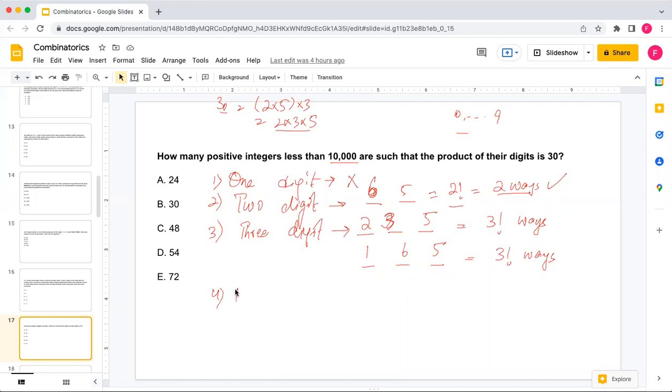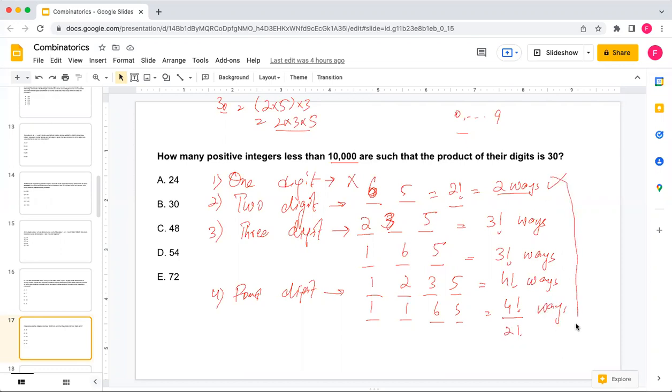Now let's see the 4-digit numbers. How many 4-digit integers? That could be 1, 2, 3, and 5, or 1, 1, 6, and 5. The first can be arranged in 4 factorial ways. The second can be arranged in 4 factorial divided by 2 factorial, because there are 2 identical digits.